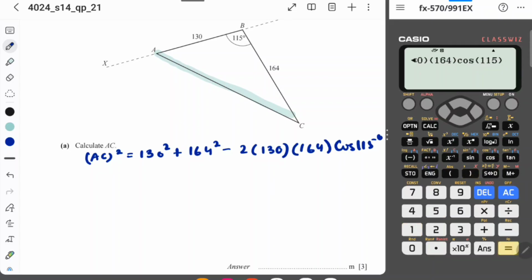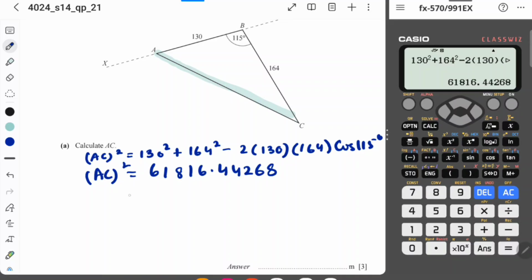That is equal to 61,816.44268. So that is AC square.